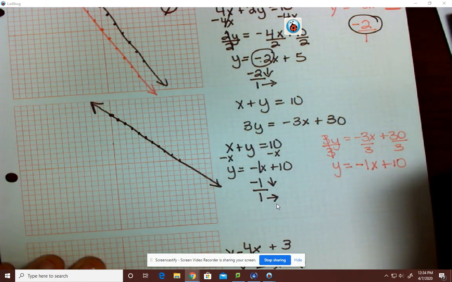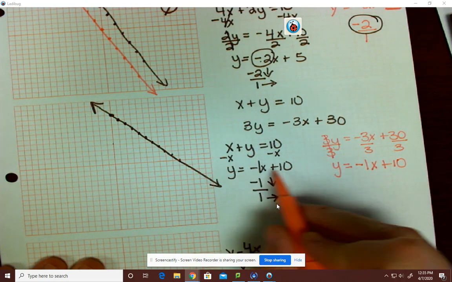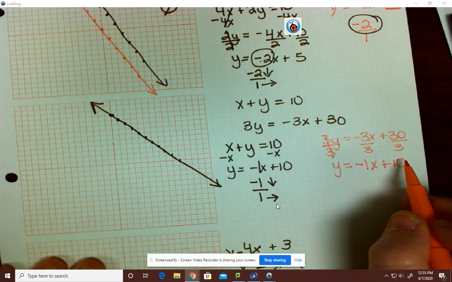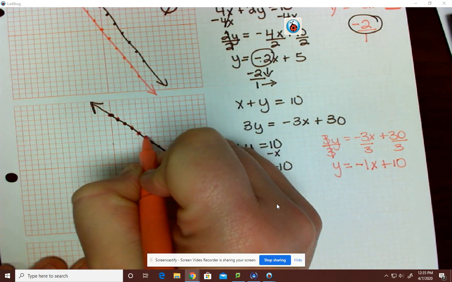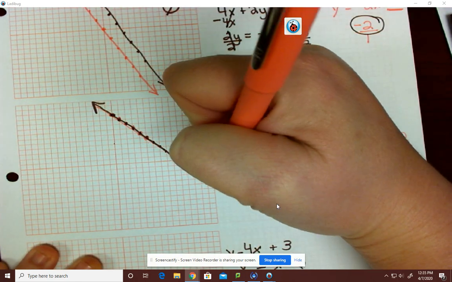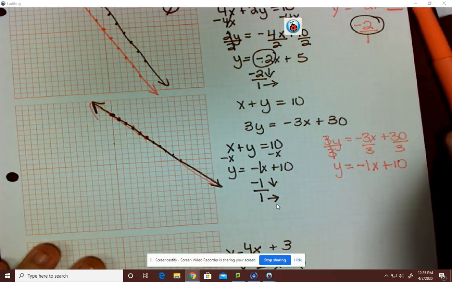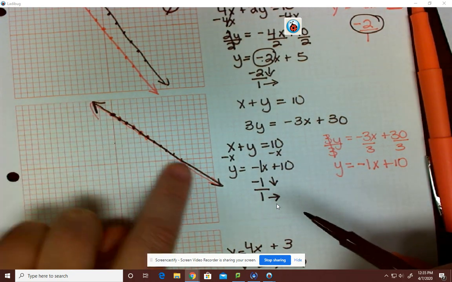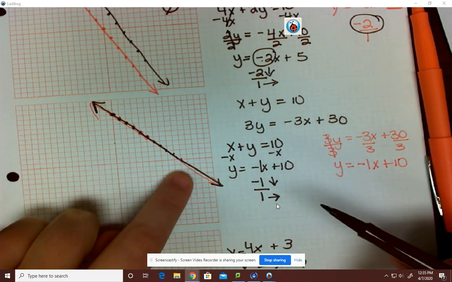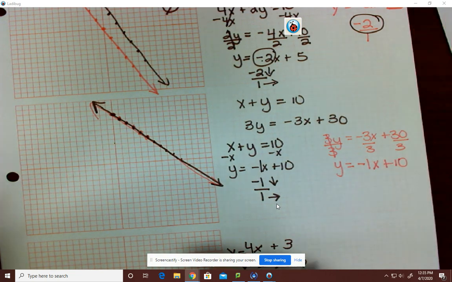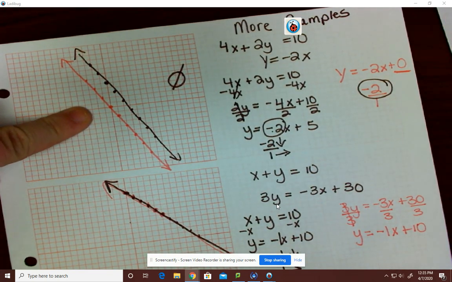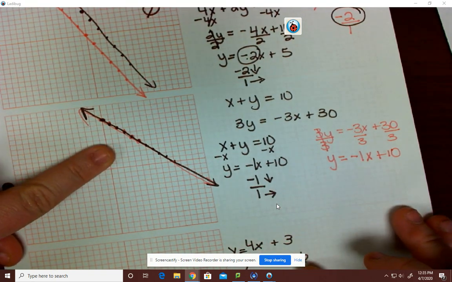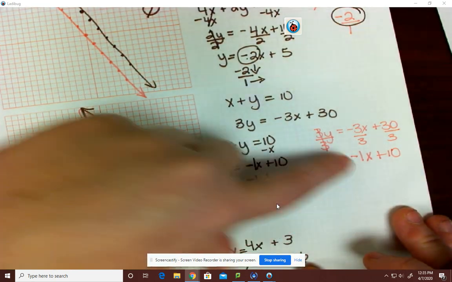is 10. So what you should see is that now we just got the same exact equation. So I'd start at 10 and go down 1 over 1. So basically I just got the same line. So if I'm looking for where they intersect, everywhere. We call these coinciding lines. So these are parallel when they have the same slope but a different y-intercept. These are called coinciding when they have the same exact slope and y-intercept.